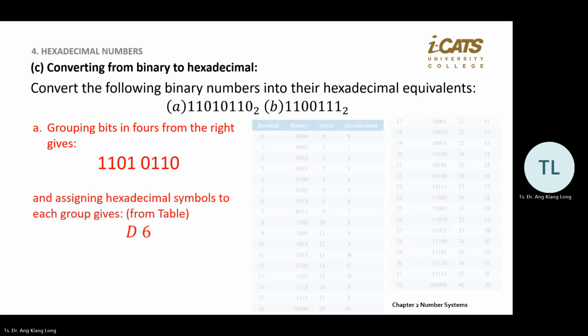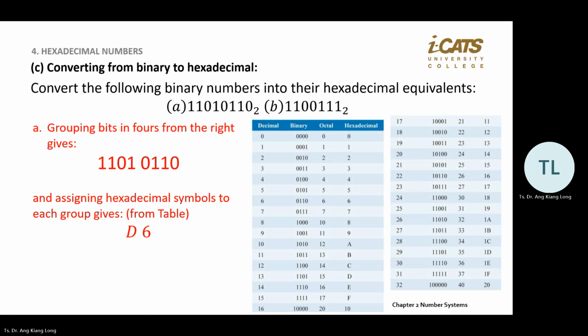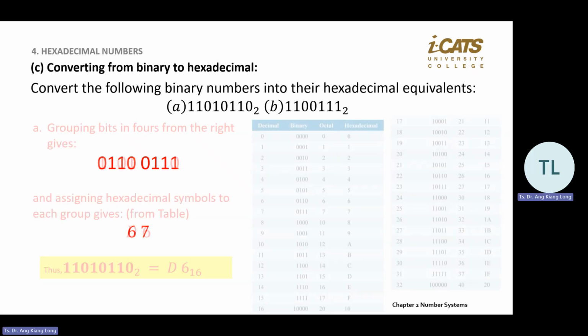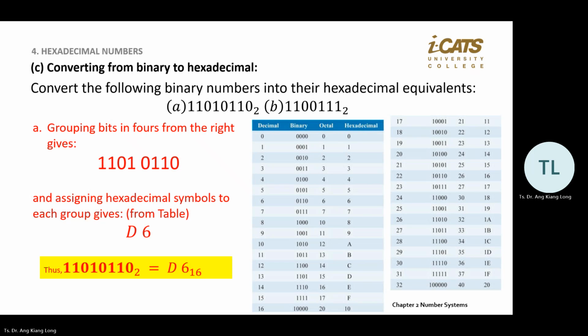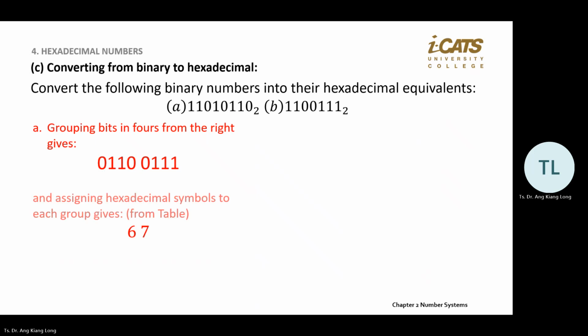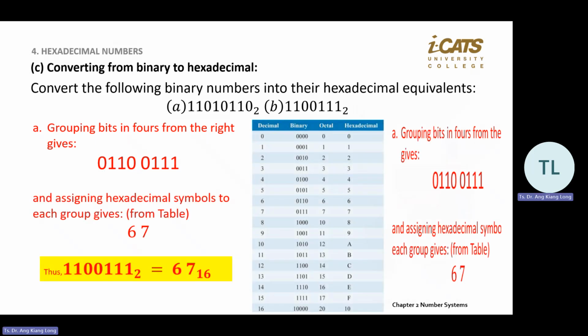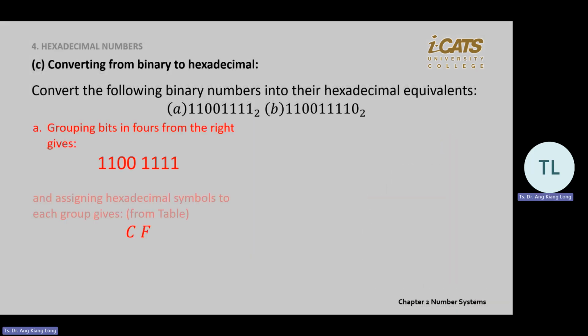Then the answer is D6. This is the final answer. Not complex, not very challenging. Okay, the rest you read. Got problem or got question, can ask me.